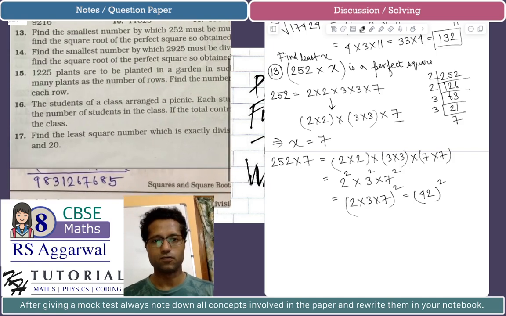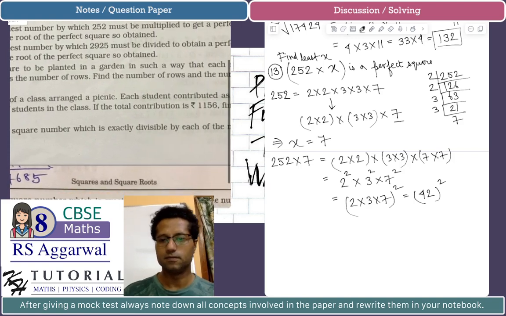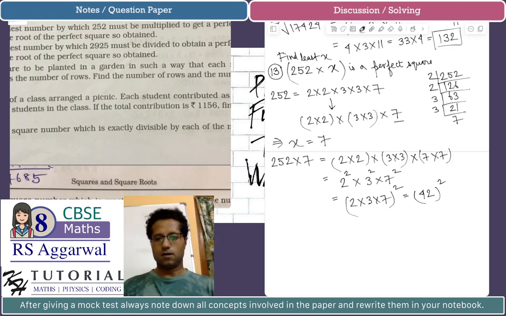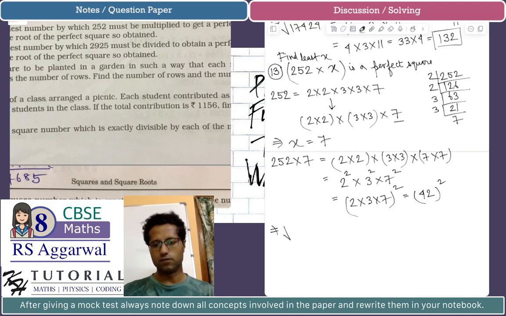Also find the square root of the perfect square so obtained. So the number obtained after multiplying with the least number, that is 7, is 252 multiplied by 7. Its square root will definitely be 42.